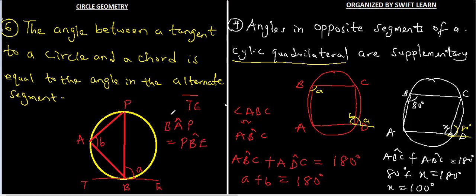Because of what? The angle between a tangent to a circle and a chord is equal to the angle in the alternate segment. Don't worry if you don't get all these things perfectly well. For you to even reach this stage, you've tried actually, because we'll be solving a lot of questions very soon, actually right now, on this. So expect our questions right now.